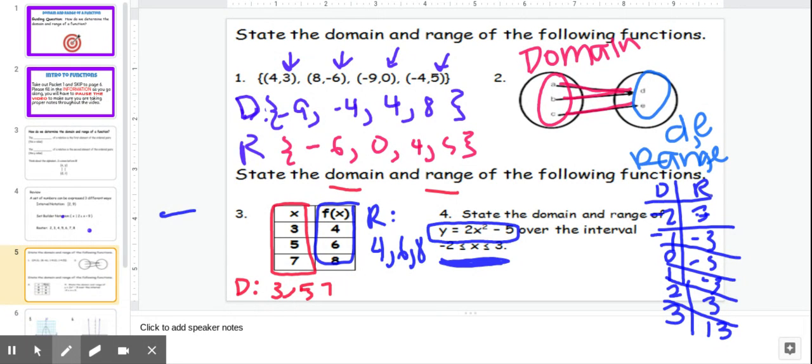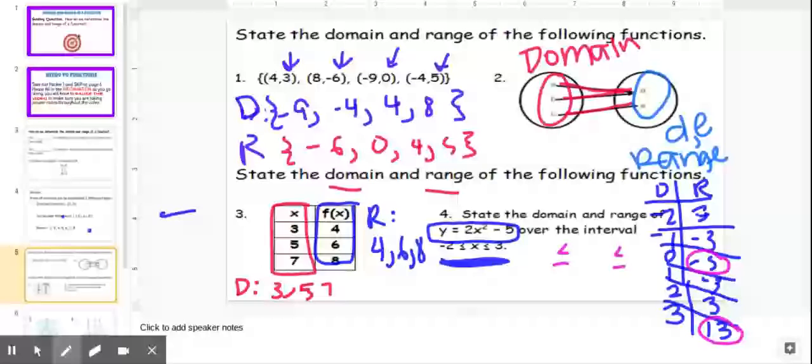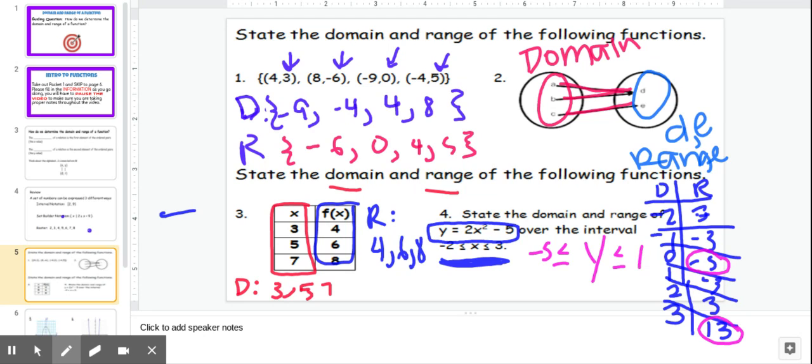But the key here is you want to make sure you look for the smallest number in the range to the highest number in the range. And we're going to use this notation over here with the inequality symbols to show our range. So -5 is the smallest number in our range, which is our y value, and it goes up to 13.